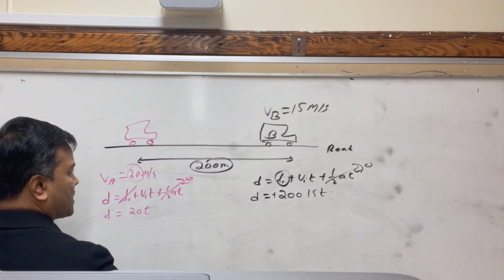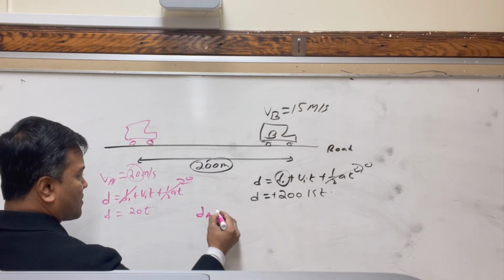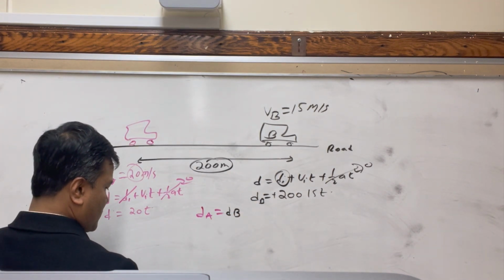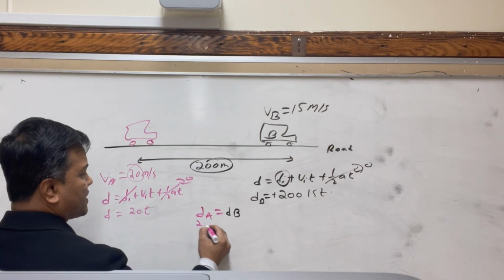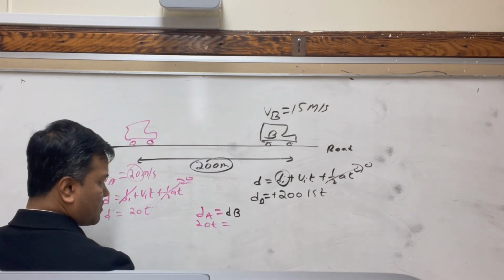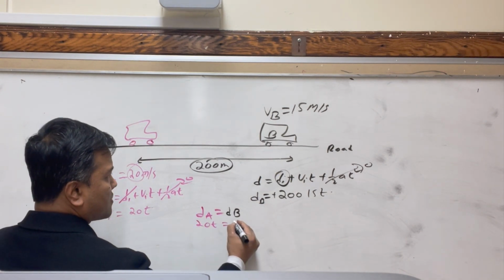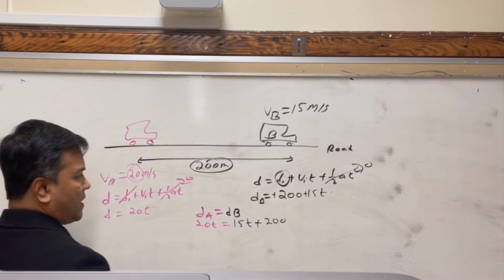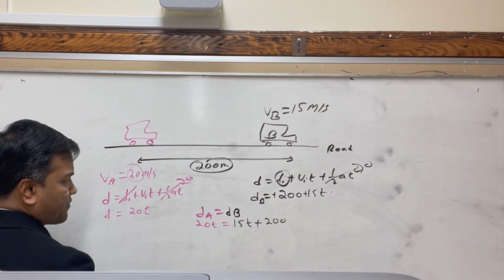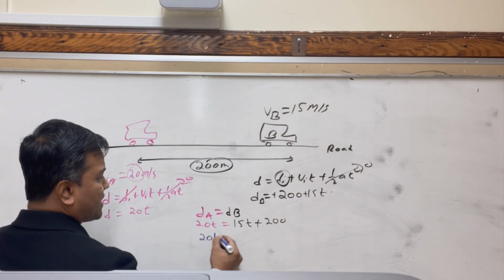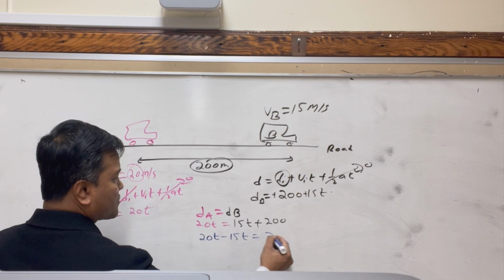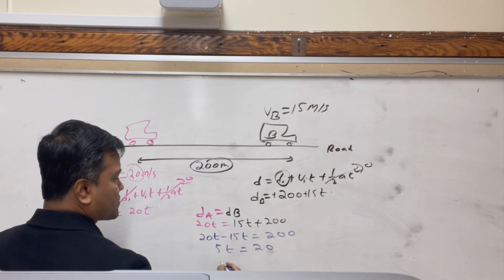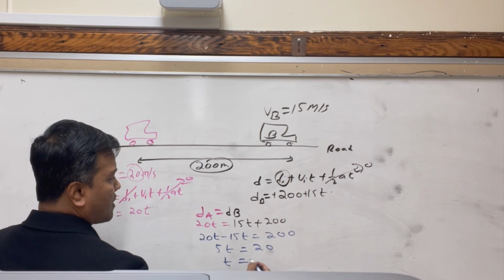So dA is equal to dB. dA is 20t, which is equal to 15t plus 200. So 20t minus 15t is equal to 200, so 5t is equal to 200, so t is equal to 40.